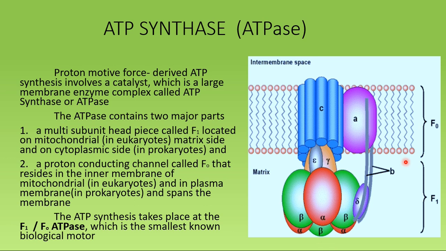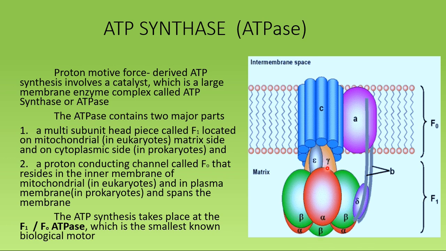So let's see the F1 part. As I told you, it's a multi-subunit headpiece and a catalytic complex, and it contains 5 different polypeptides. What are those? One is alpha, which are 3 in number, so alpha 3. The second is beta, also 3 in number.